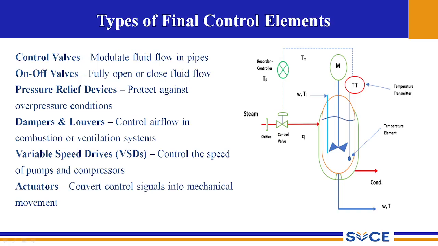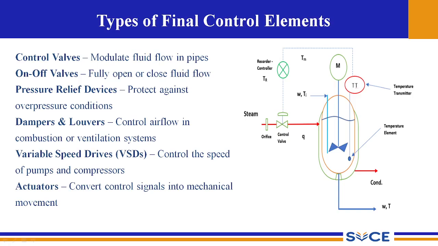Now the controller will take the necessary action based on these signals, and it will send out another electrical signal to the control valve, so that the valve is either opened or closed to allow some amount of steam inside this jacket. So if the temperature is higher than the set point, then the valve should close, so that the amount of steam going into this jacket reduces, to reduce the temperature inside the reactor.